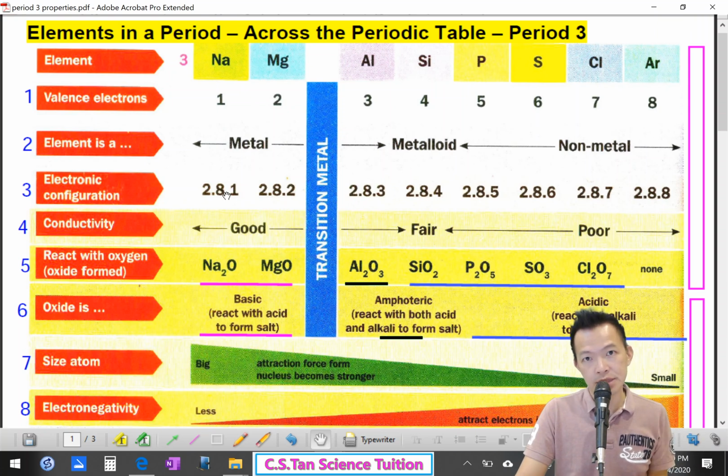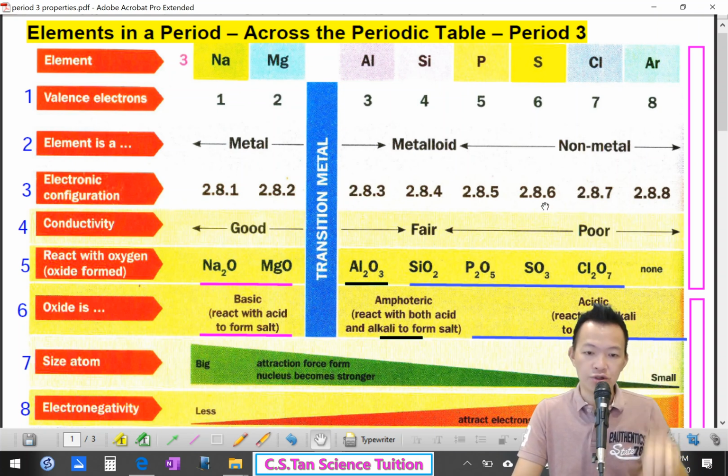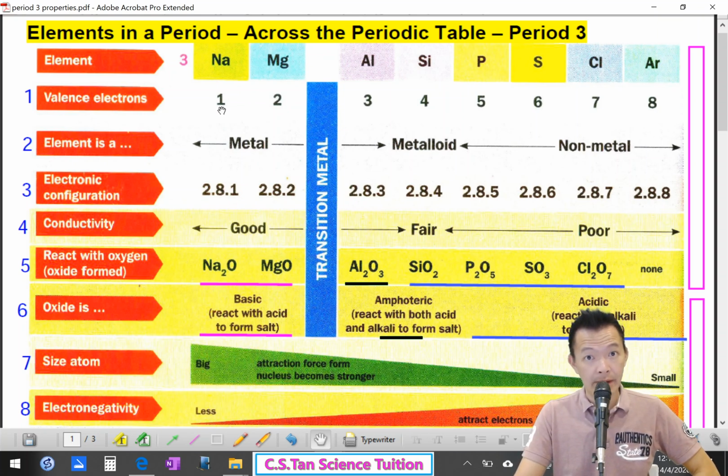Okay, so sodium 2.8.1, 3 layers of occupied electron shell. So period number 3 is reasonable. Period number 3 has 3 layers of occupied electron shell, 3, 3, 3, 3, 3, 3. They are all elements of period number 3. Because sodium has 1 valence electron, that's why it is group 1. Magnesium has 2 valence electrons, so group 2.